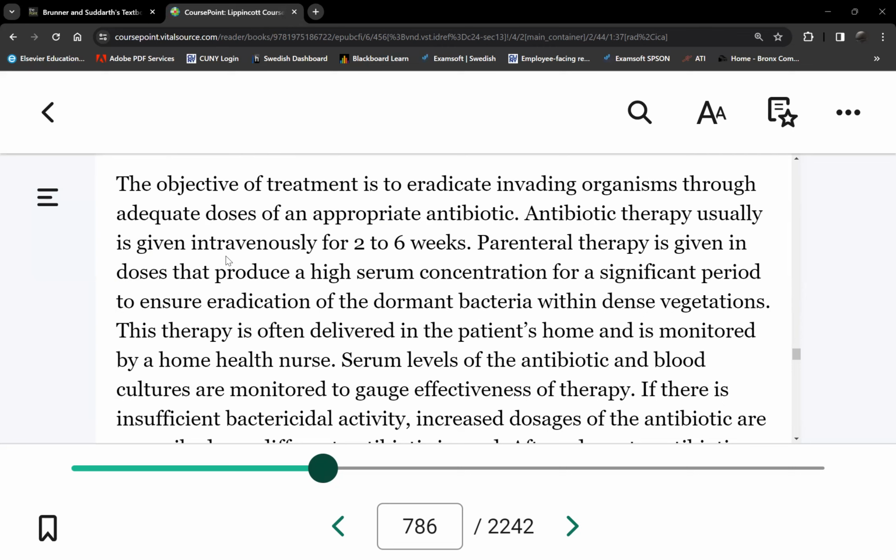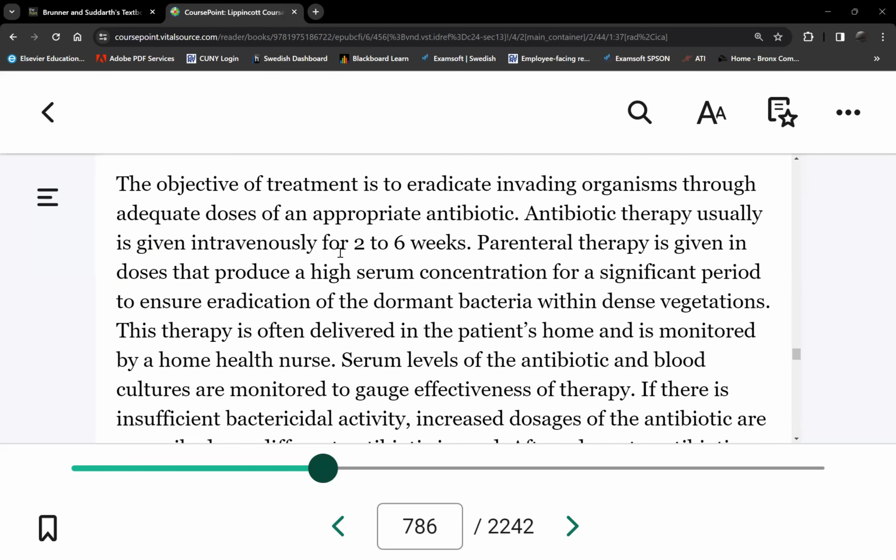Long-term. Central lines. What was one of the portals of entry mentioned in chart 24-6? People with central lines. So now, even if the patient is at risk for endocarditis, we have no choice, right, but to put in a central line. I mean, how else will we give them up to 6 weeks of antibiotics? So therefore, they need a central line.